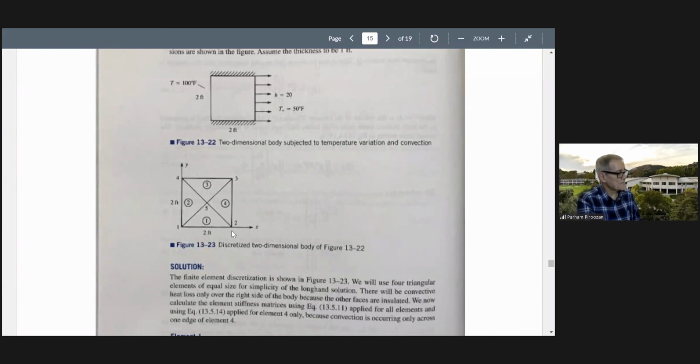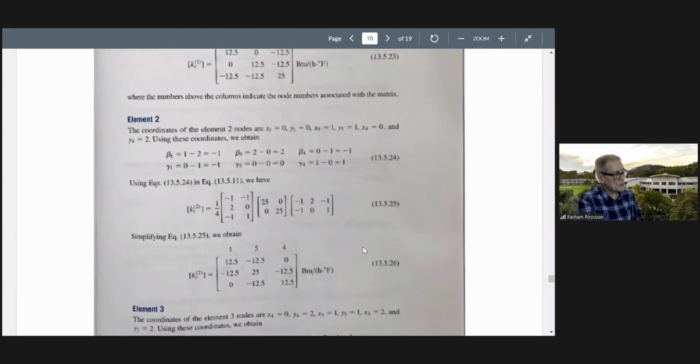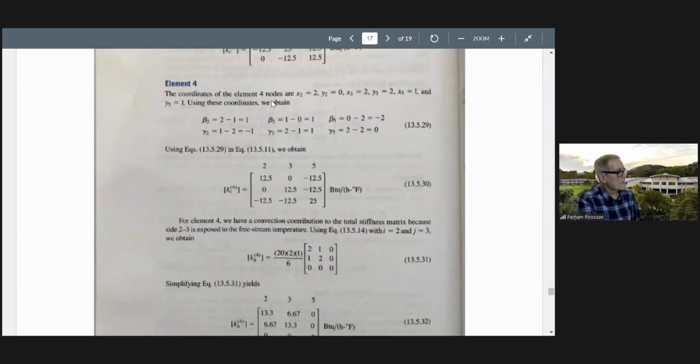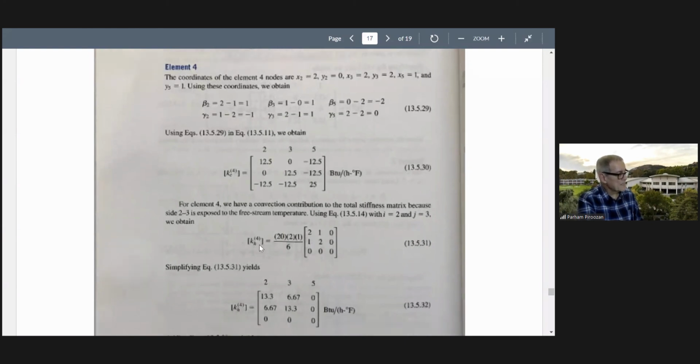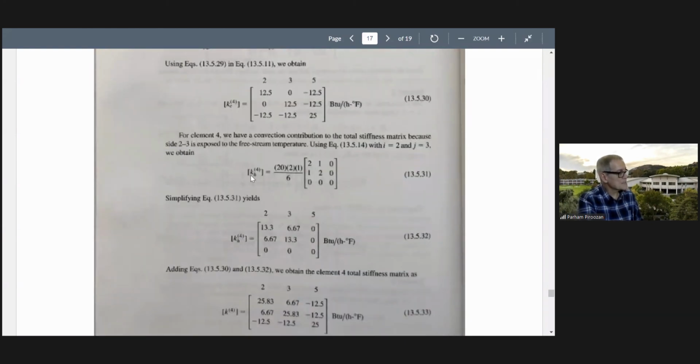But for this one, we have convection taking place here. For element 4, these are betas and gammas. K sub c is this. But there is another h component to this here because there is convection taking place here.